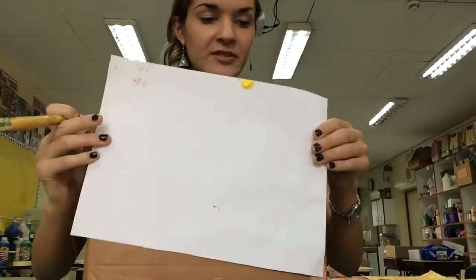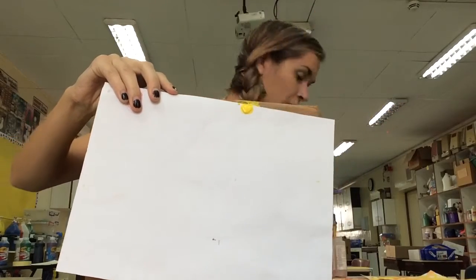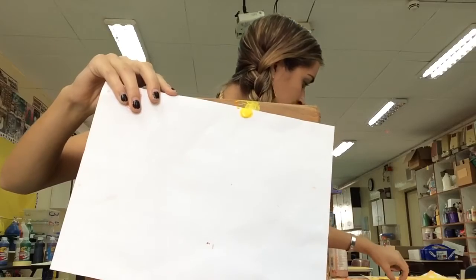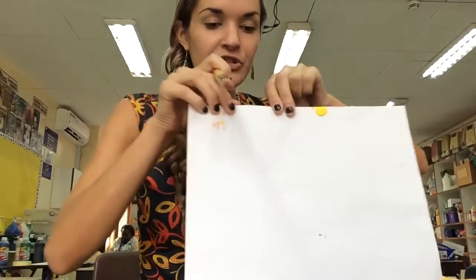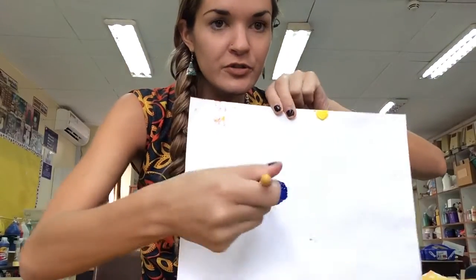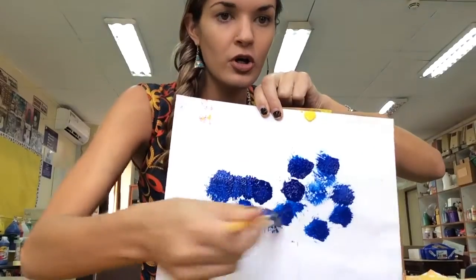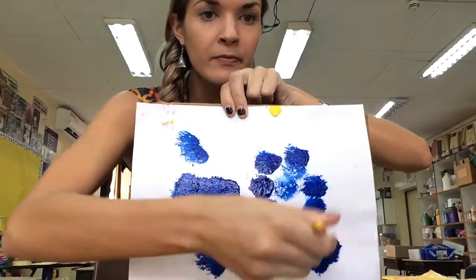I'm going to get a new piece of paper, and I'm going to clean my brush to get all of the red, yellow off of that brush and start fresh. So now I'm going to start with my first cool color, which is blue, and I'm going to stamp with my brush all around the paper. Like this.